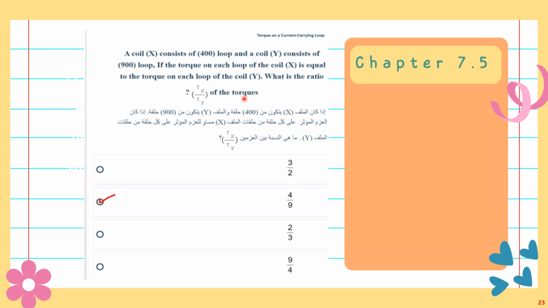We need to do the ratio as they said. So it's tau X over tau Y. Coil X is 400 and coil Y is 900. So it's 400 over 900, which is 4 over 9.